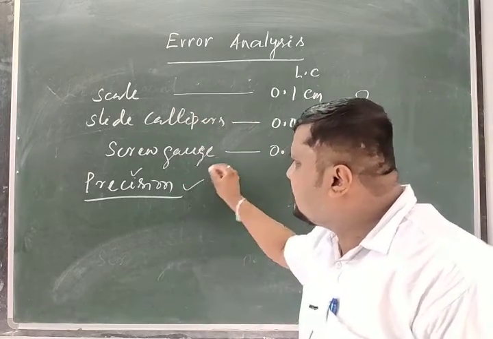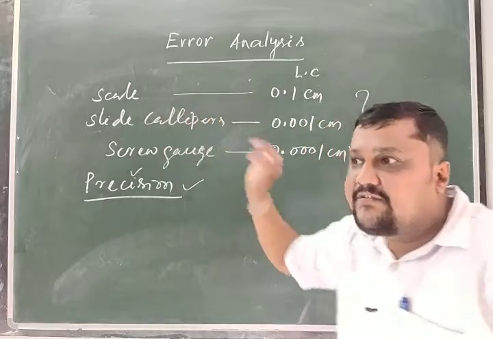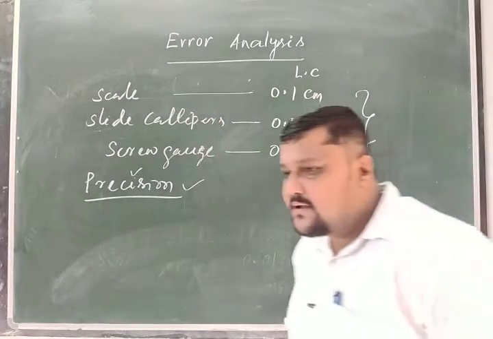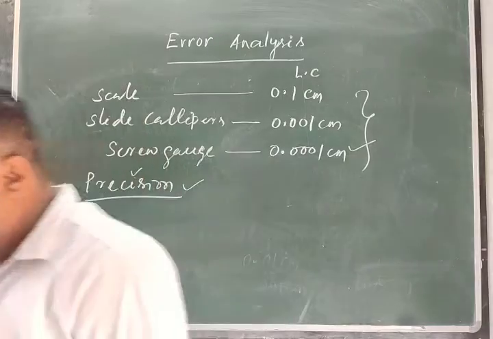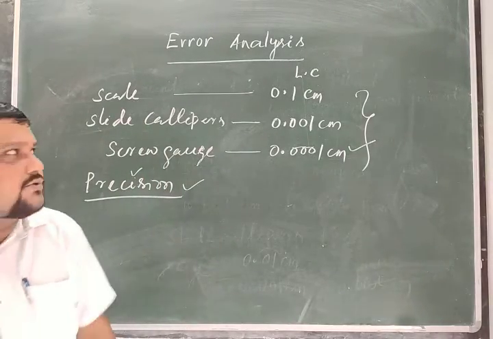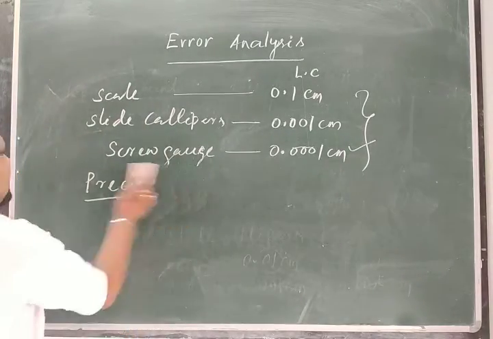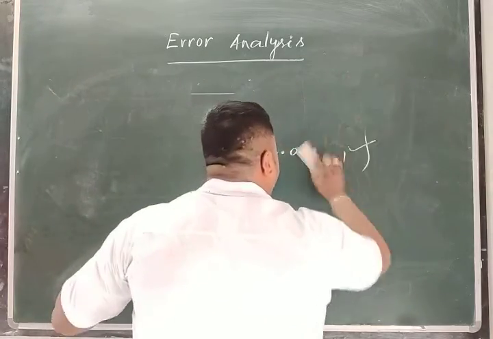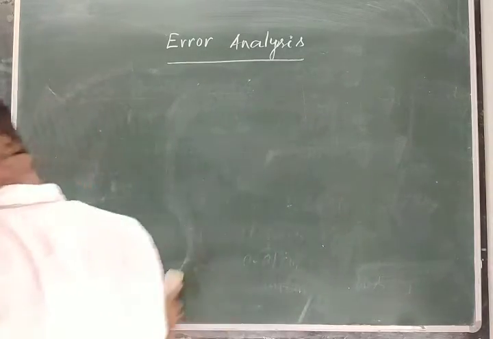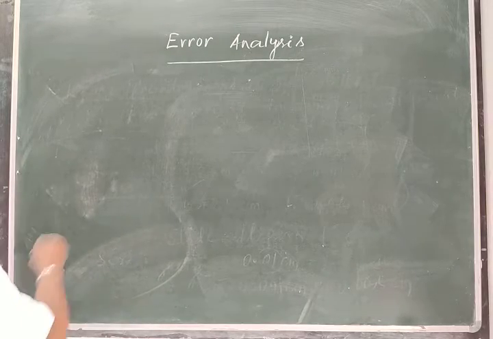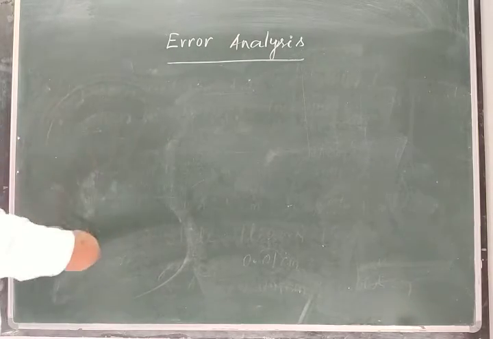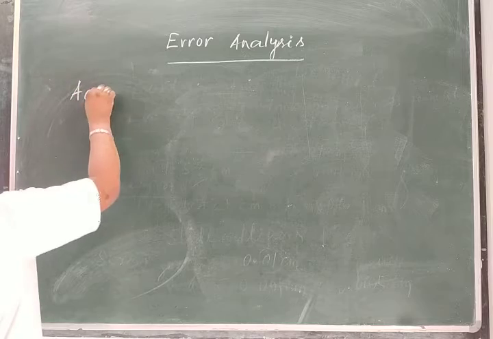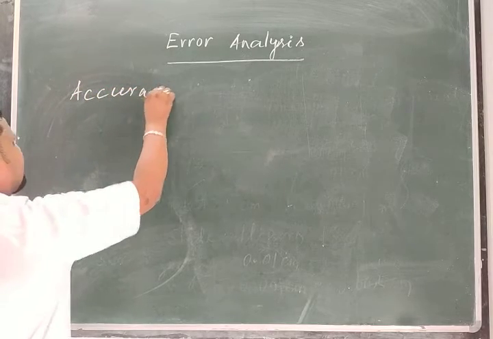So precision is concerned with the device used to measure. Clear? Now this was about the least count. Now come to the words precision and accuracy. Now I will go for the accuracy.